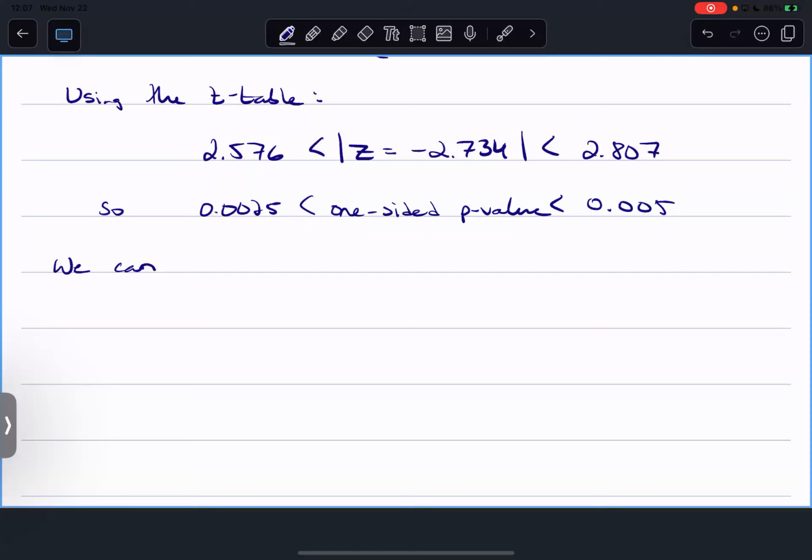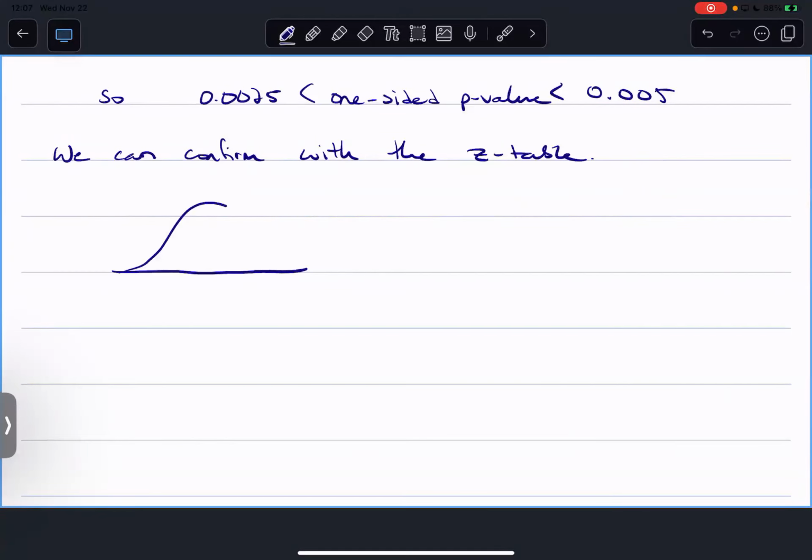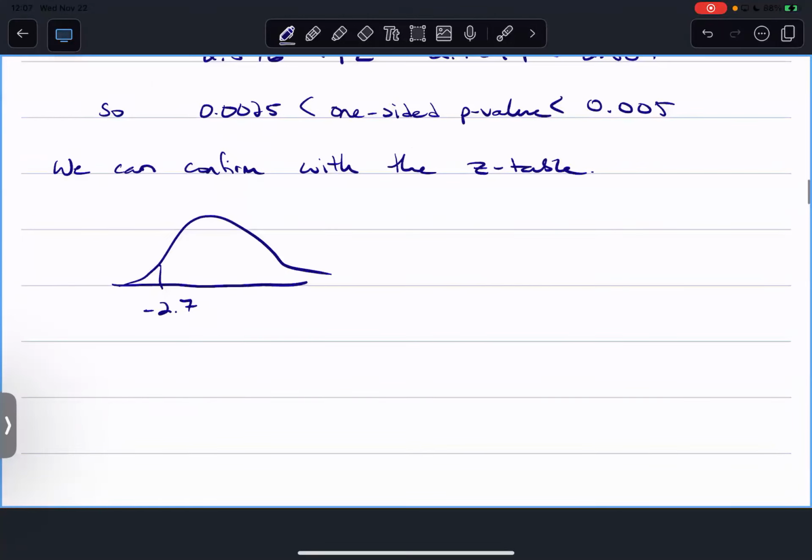We can confirm with, oops, I always combine with the into one word, with the Z table, right? So now I had a Z of negative 2.734. Whoa, that's a nasty normal. I mean, I can't look at that. Whee, nice.